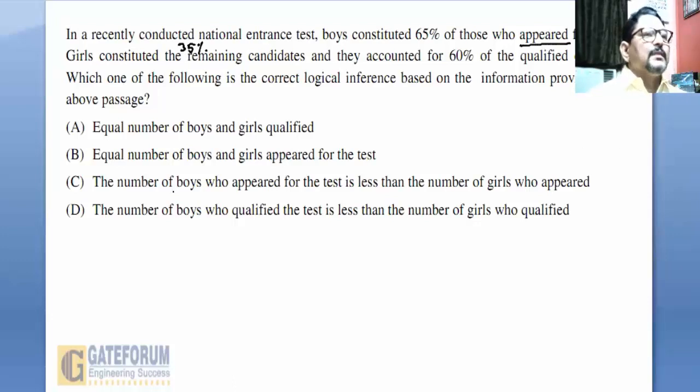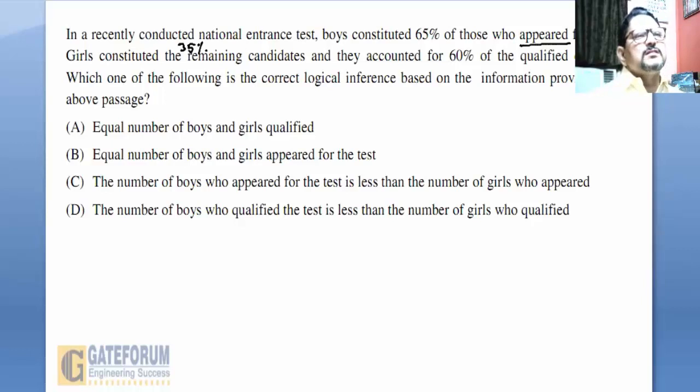It's okay. Which one of the following is the correct logical conclusion based on the information provided in the above passage? So this is a critical reasoning question, but based on quantitative things. Let us see. Equal number of boys and girls qualified.